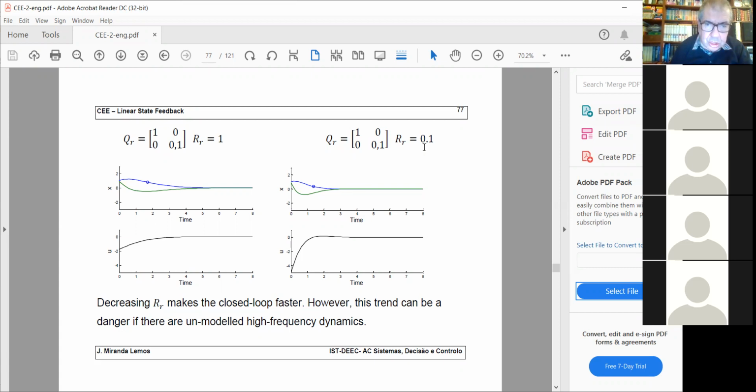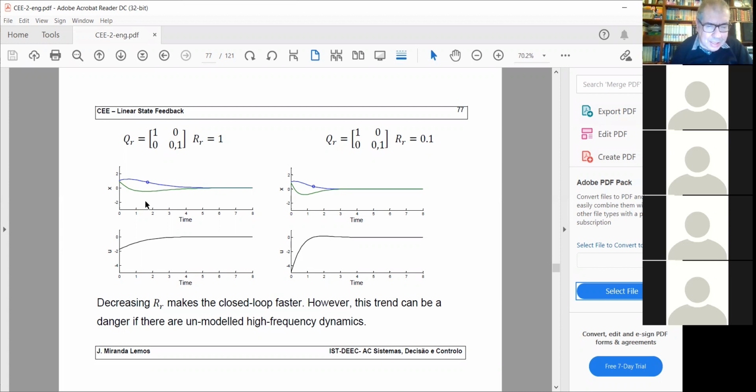But when I reduce the R parameter, then it becomes bigger, it becomes minus 5. So you more than double the amplitude. So you can adjust this weight to shape the amplitude of U.